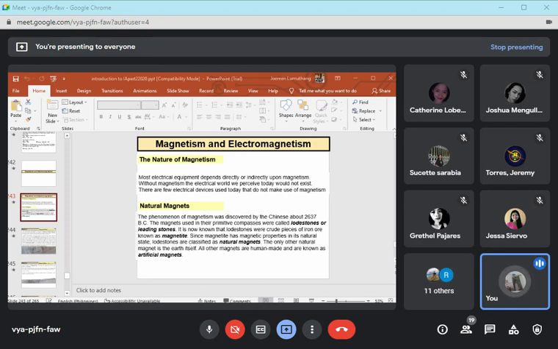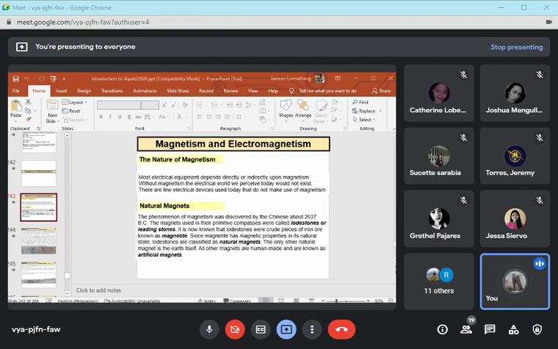So the natural magnets: the phenomenon of magnetism was discovered by the Chinese about 2637 before Christ. The magnets used in their primitive compasses were called lodestones, or sometimes leading stones.